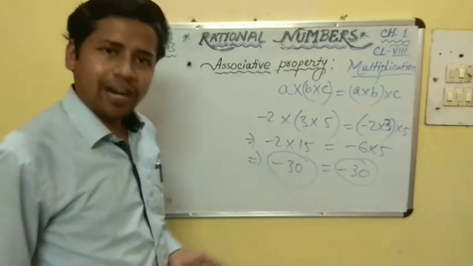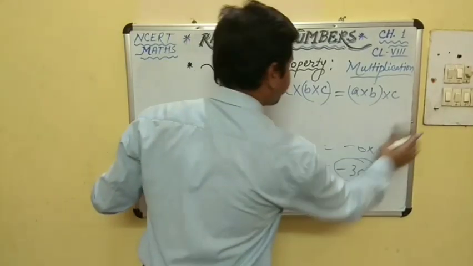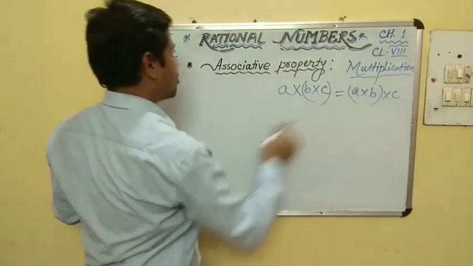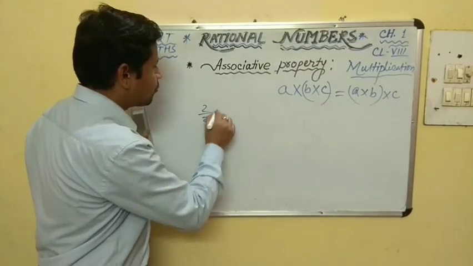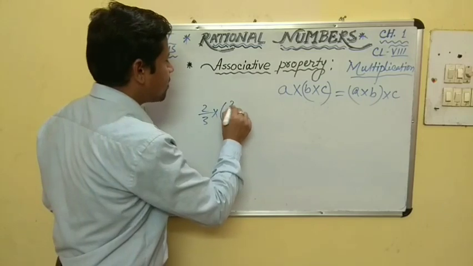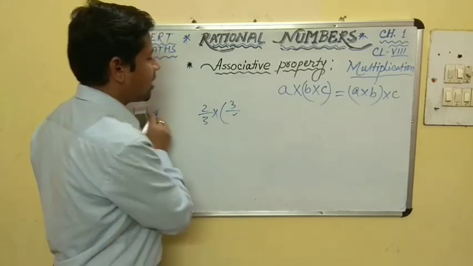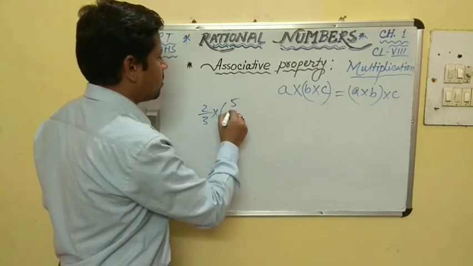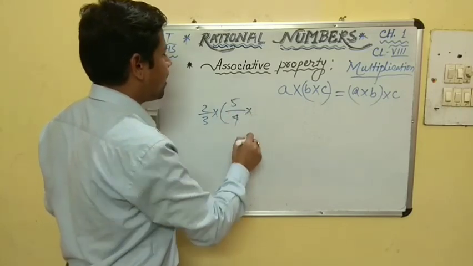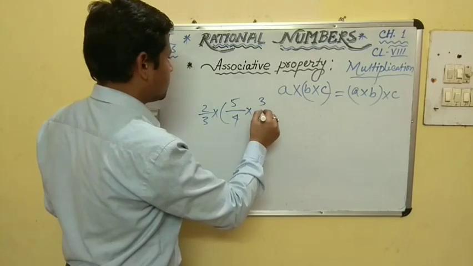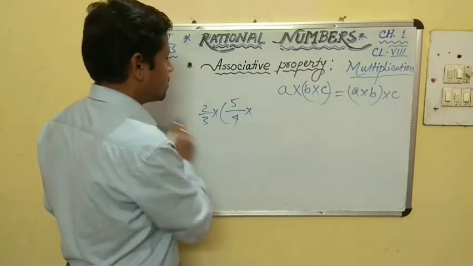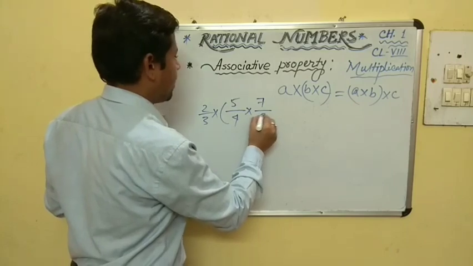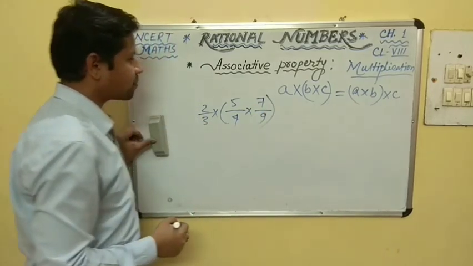If we take some fractional numbers, let's check whether they satisfy this condition or not. So 2 by 3 into 3 by 4, suppose we take prime numbers, 5 by 4 by 7 by 9, suppose we are taking.